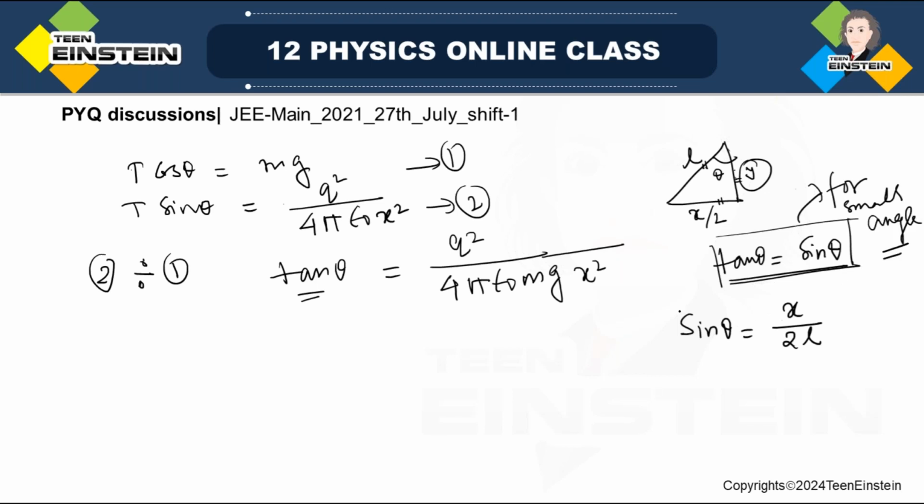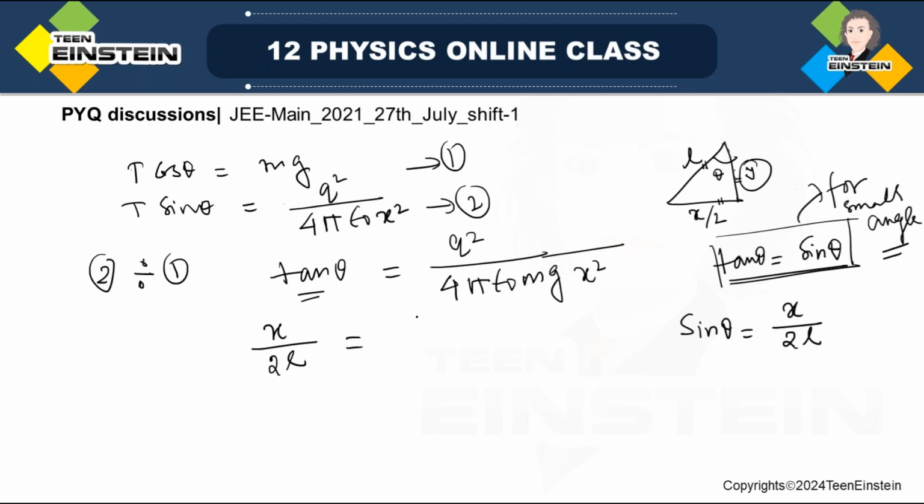All right. So now we can put this here. In place of tan theta, we'll write this x by 2L. Okay. All right. So if we put that, then see what we get.